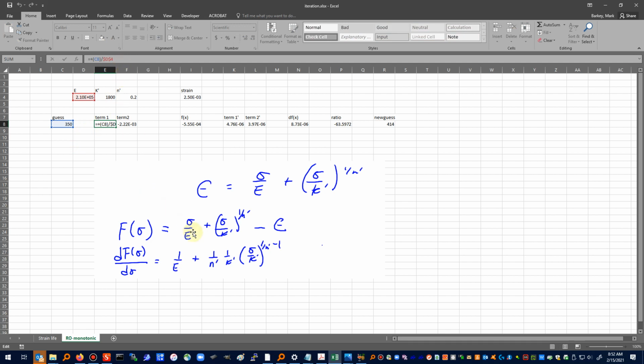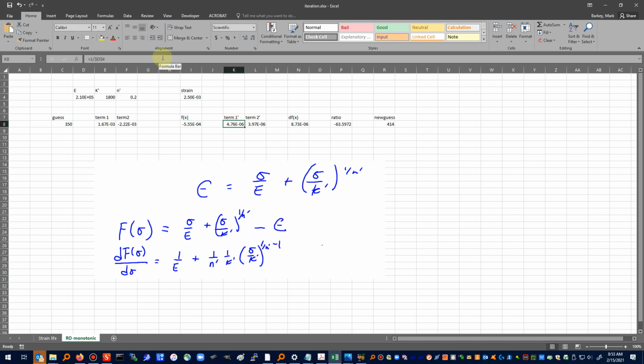I broke this up into 2 terms. That's the sigma over E. This is my F of sigma term. And then my term 2 is the one with the exponent, sigma over K prime to the 1 over N prime power, minus epsilon. So that incorporates term 2. I add those together. That's my F of X.